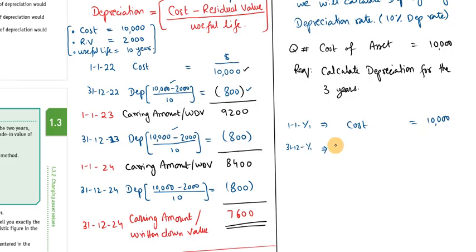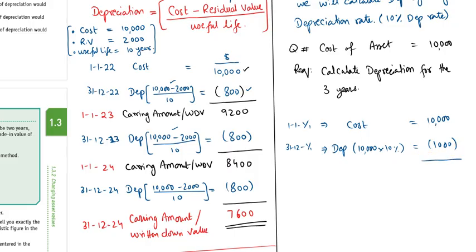We will calculate depreciation on this amount. So depreciation is 10,000 into 10%, the depreciation rate. So the answer will be $1,000. What is the carrying amount at the end of first year?